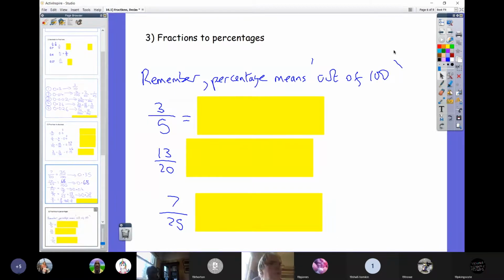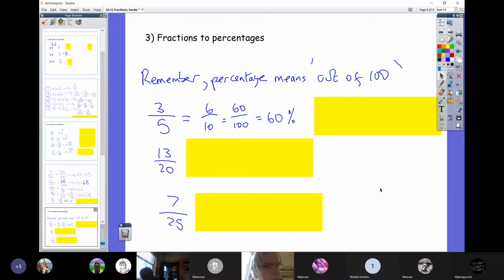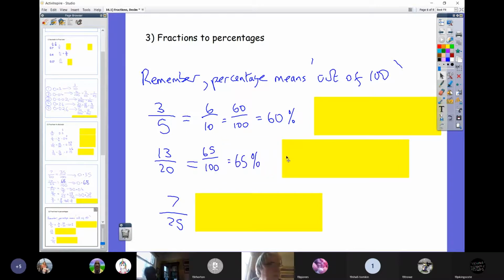Next one, just wait for that to click through. 3 over 5, double it, we get 6 over 10, times it by 10, that's 60 over 100, and that's 60%. Right, the next one, what are we going to do to top and bottom to turn it into out of 100? We'll times it by 5, 65 over 100, so 65%.